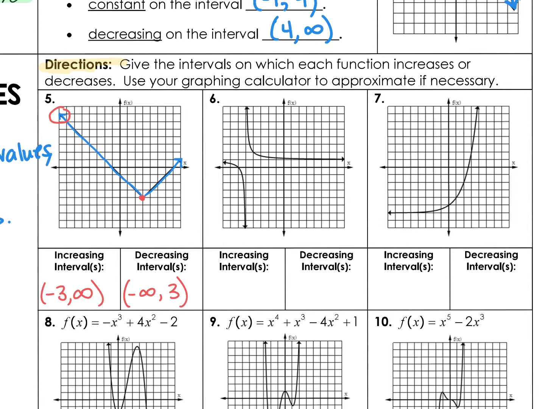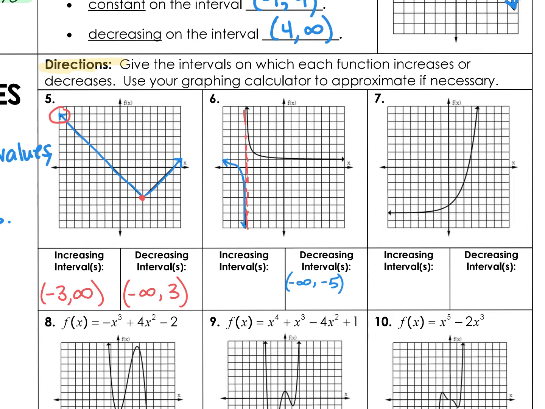All right, on number 6, I'm going to start left to right. So left to right, it looks like I am decreasing. Looks like I start decreasing from negative infinity all the way up into this asymptote. Notice here we have an asymptote that my graph is getting really close to, and I'm going to note the x value of that asymptote, which is -5.